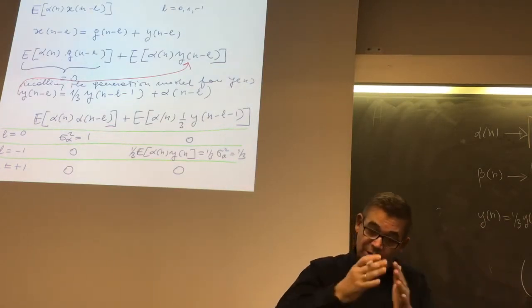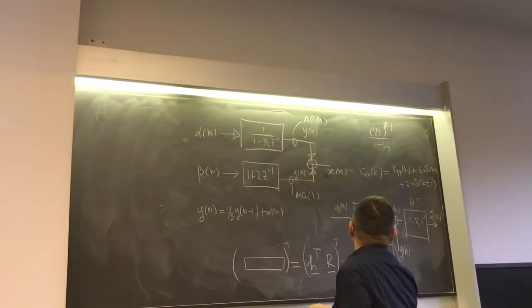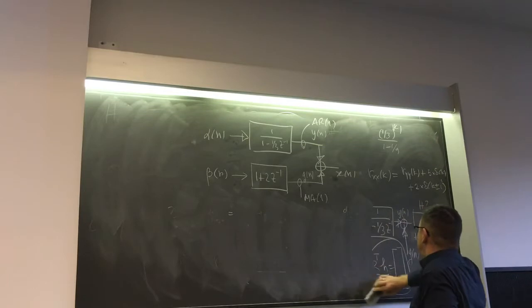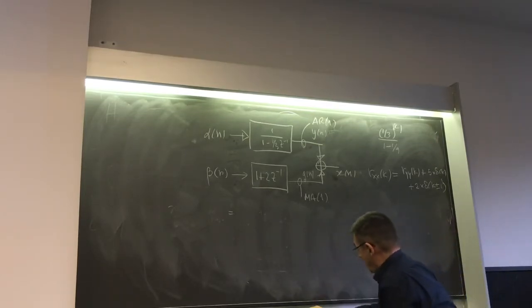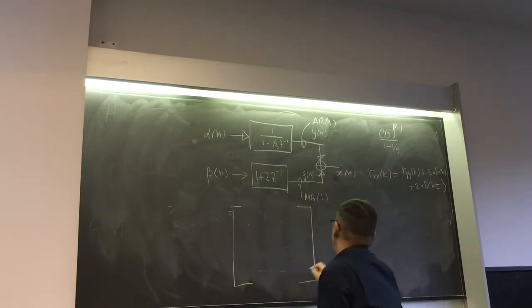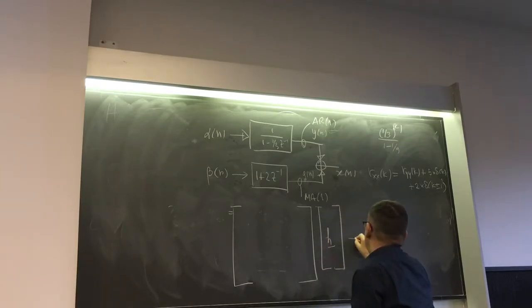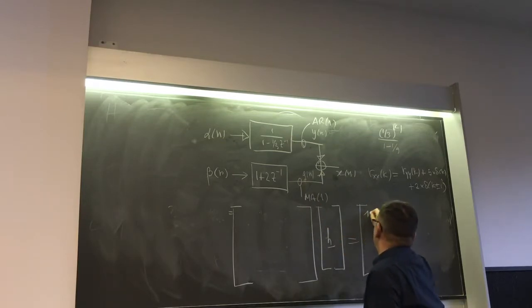So let's put all the pieces together. I have a formula right here that we have in front of us. It is equal to, so I have a -1, 1/3.